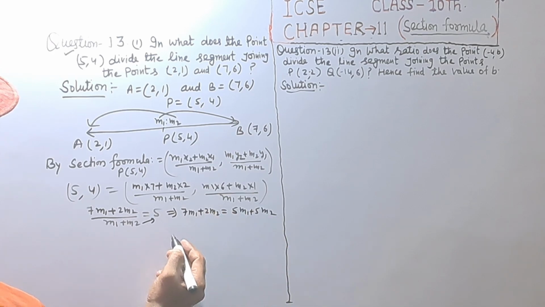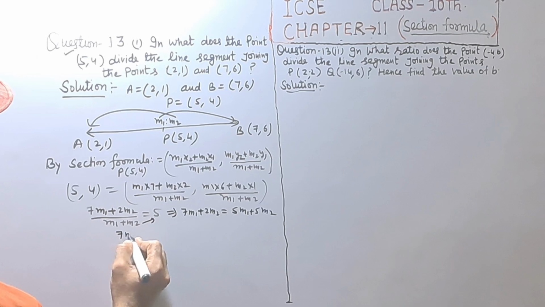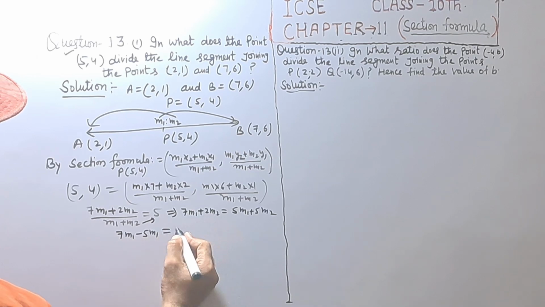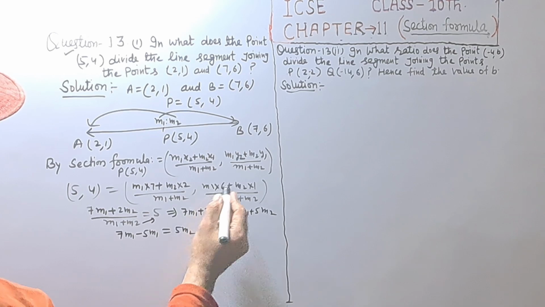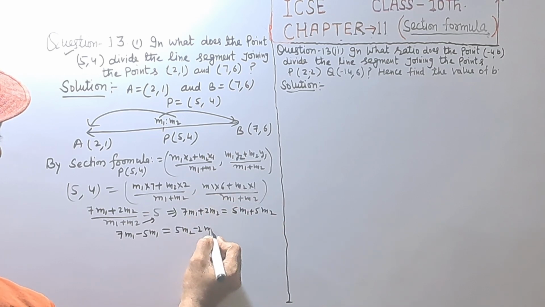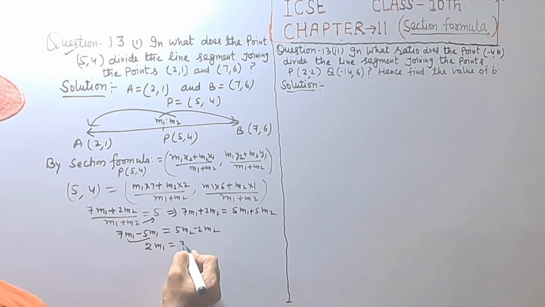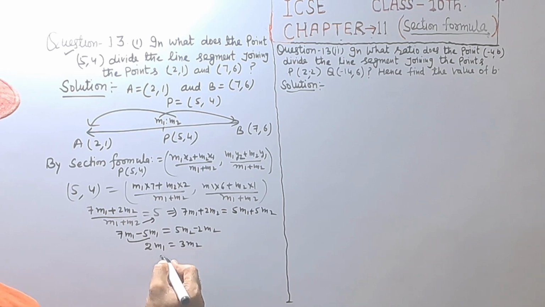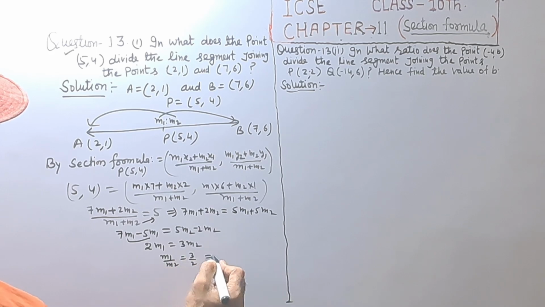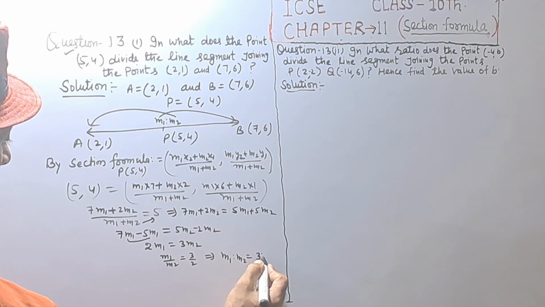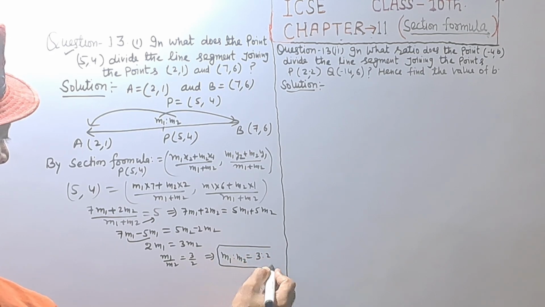We are shifting 5M1 to the left side. 7M1 minus 5M1 is equal to 5M2 minus 2M2, that is 2M1 is equal to 3M2. M1 upon M2 is equal to 3 upon 2, which implies M1 ratio M2 is equal to 3 ratio 2.